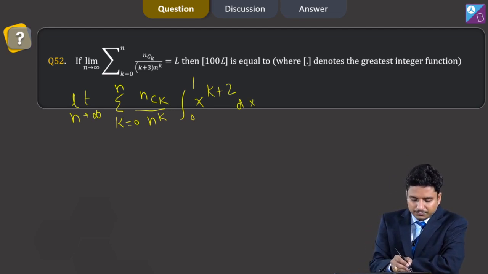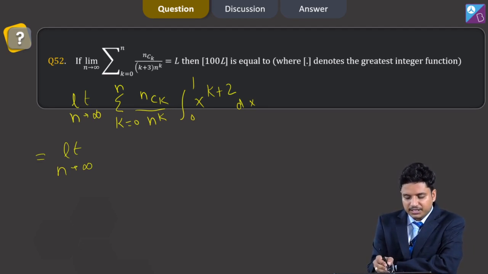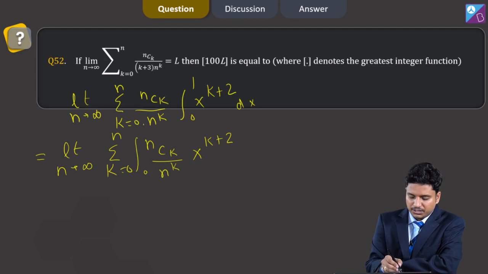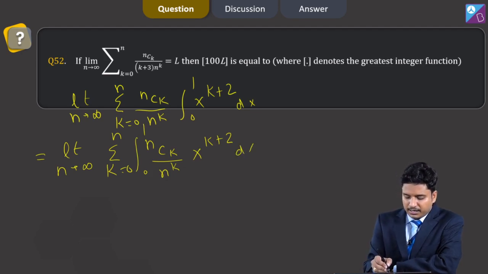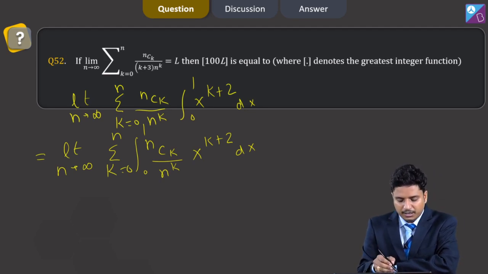Now what is the benefit of converting it into an integration term? Now you can observe that, since this integration is applied over dx, this n and k are everything playing the role of constants only. So k is varying from 0 to n, and it is nCk upon n raised to power k, x raised to power k plus 2, integration from 0 to 1 dx. So x square is there, and n raised to power k.